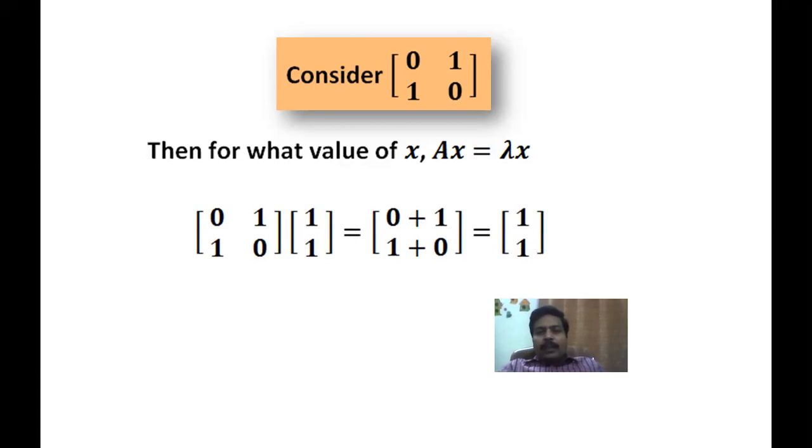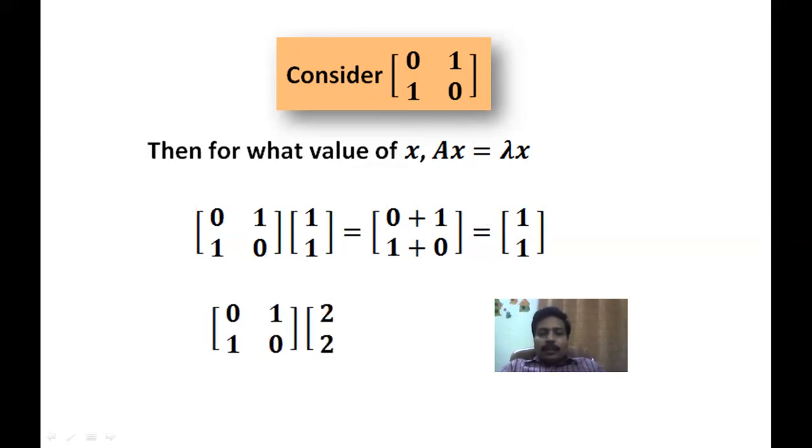If we multiply the vector 1, 1 with this A, we get 0 into 1 plus 1 into 1, which is 1, and 1 into 1 plus 0 into 1, which is 1. So we get 1, 1. This is our x and this is the resultant vector. It is again x. So here our lambda is 1. Ax equals x, so lambda equals 1. Now we can say that this is one of the eigenvectors for this matrix 0, 1, 1, 0.